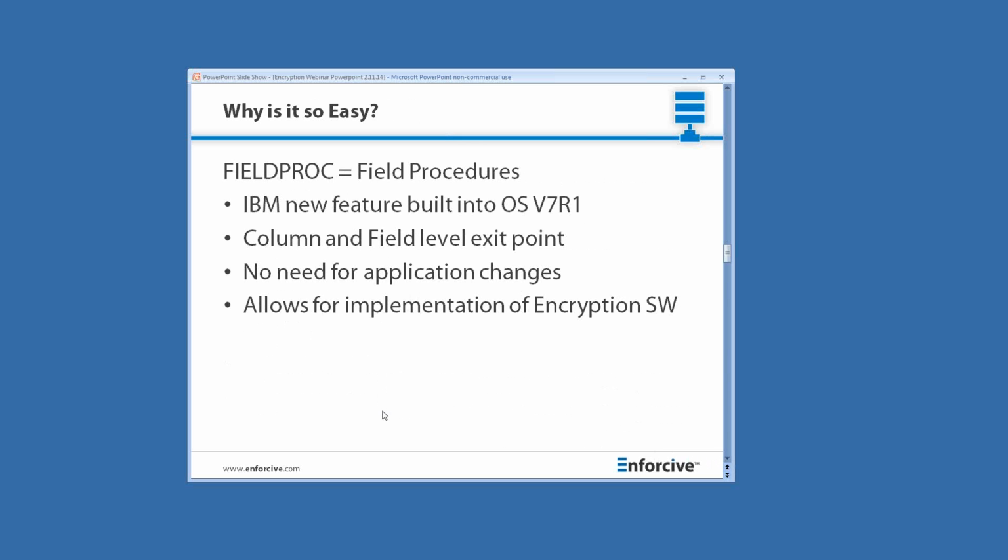So that when that field is brought up on the screen, accessed, no matter which way it's accessed, that exit program will be called. So we're able to leverage that and create the encryption very easily, and it's built in, right? So it's part of the OS.